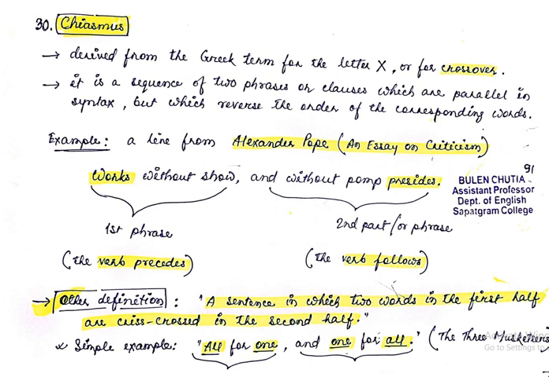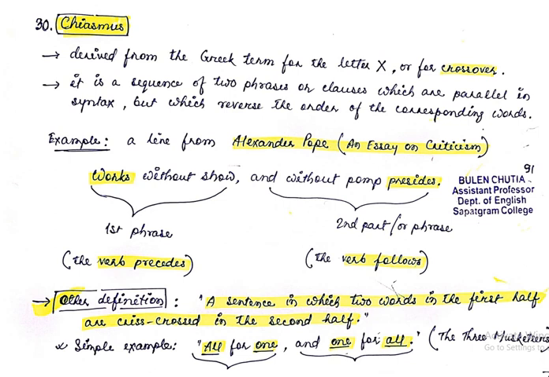Another definition of chiasmus: a sentence in which two words in the first half are crisscrossed in the second half. Two words in the first half, that is the first phrase, are crisscrossed in the second half. For example, all for one and one for all.